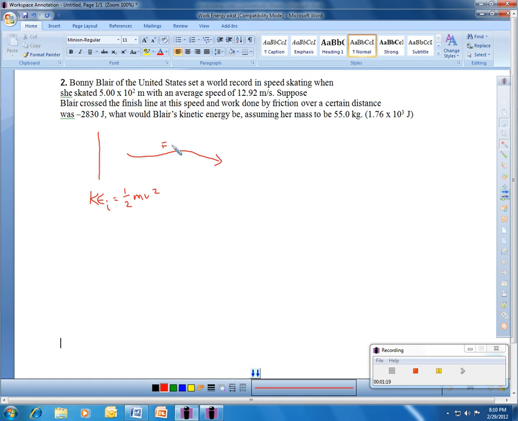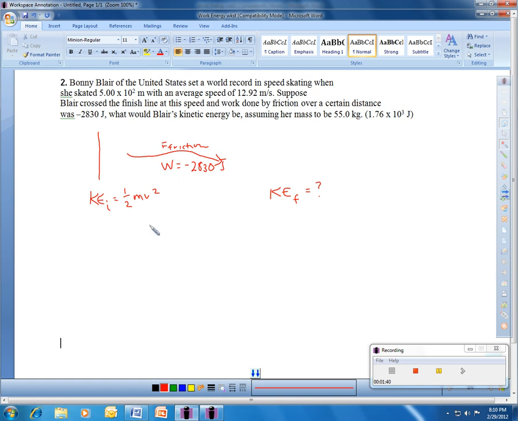That's supposed to be a straight line. Not so good at that. She allows friction to do work on her. The amount of work she allows it to do is negative 2,830 joules. Question is, what is the kinetic energy final that she's going to have out here?